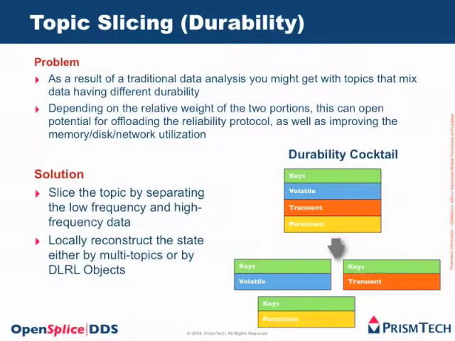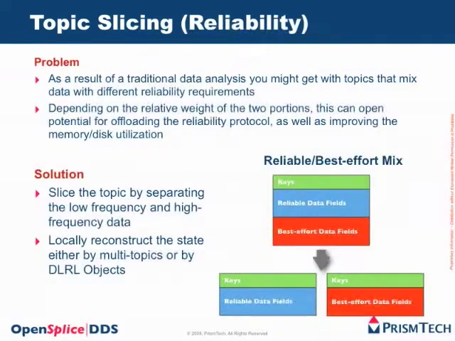So the solution in this case is to again slice the topic and make sure that you create topics in which attributes all have the same durability requirement, and again you share the same key. As before, you can locally reconstruct the state by either using multi-topics or by using a DLRL object.